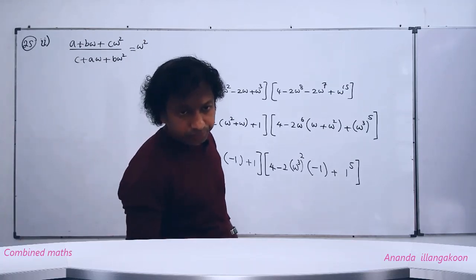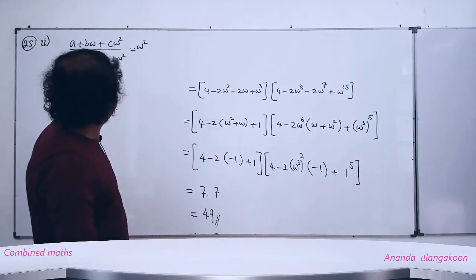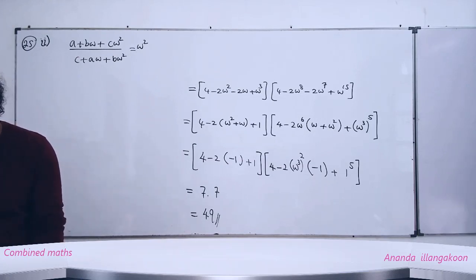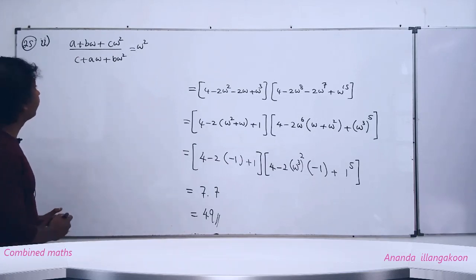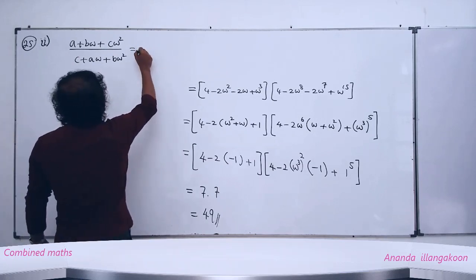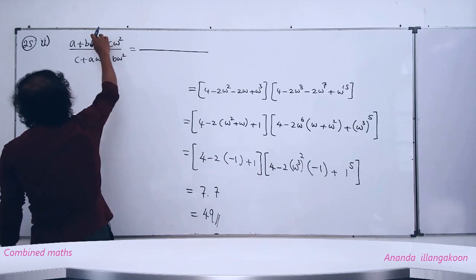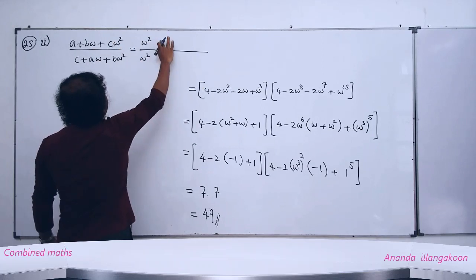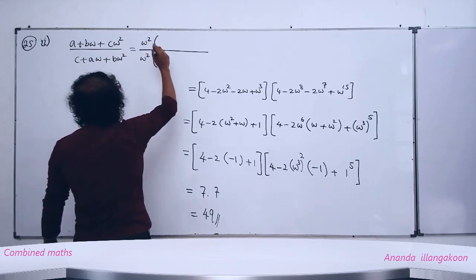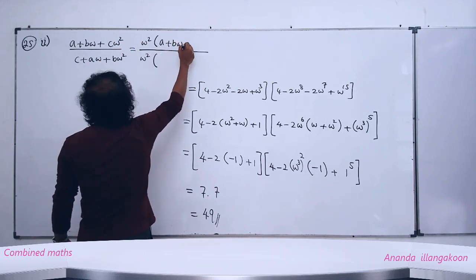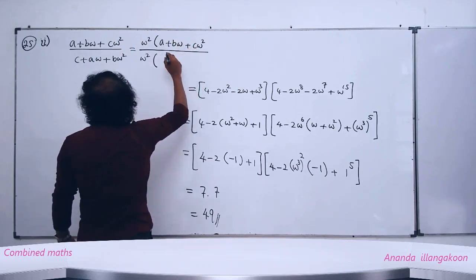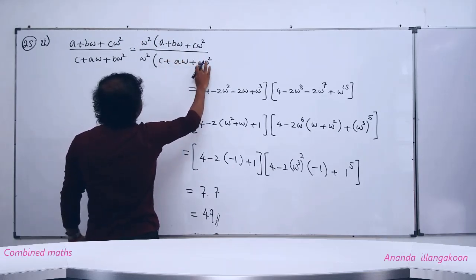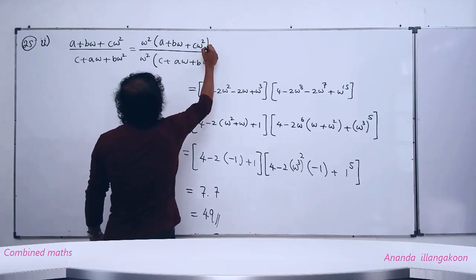Take this answer, people. To take this answer, we'll do it this way. I am going to multiply this numerator and denominator by omega squared. Then it won't change because we multiply by omega squared both the numerator and denominator. Now simplify this.